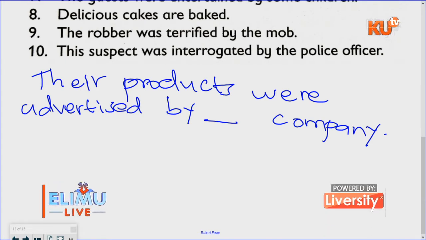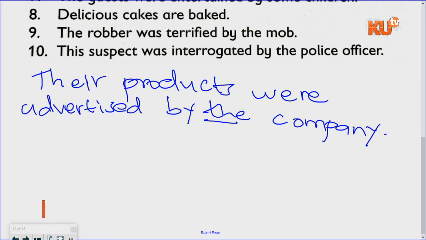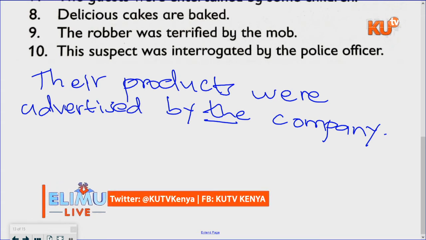So their products were advertised by, then they replace that with the company. That one is a mistake that the examiner will use to confuse you, so that the examiner usually wants to test your keenness when you are doing the exam.